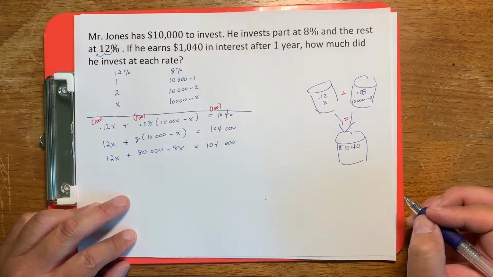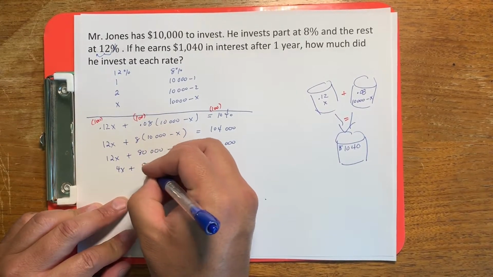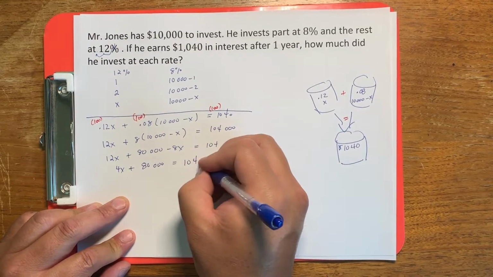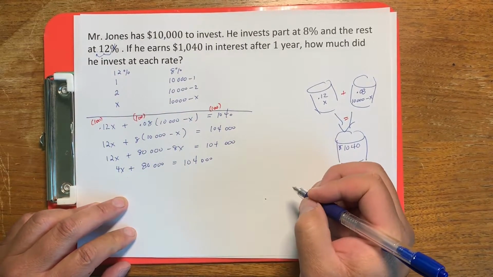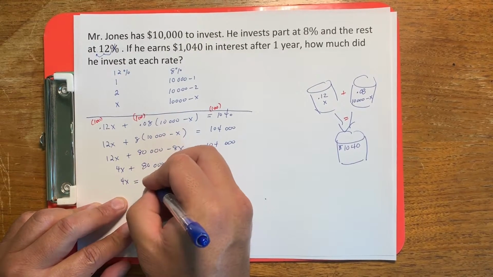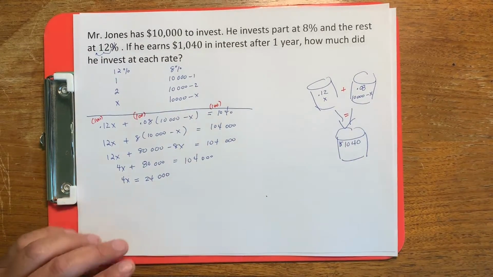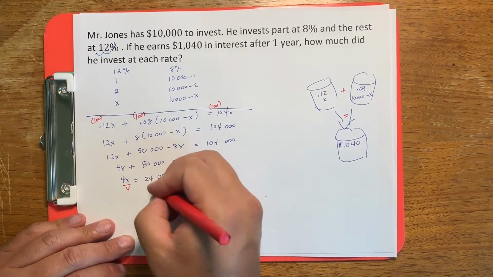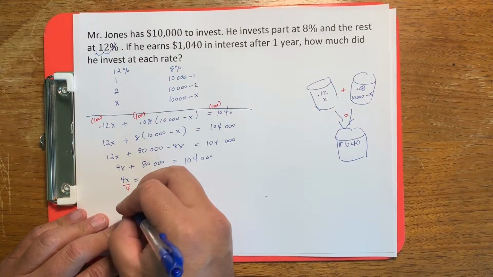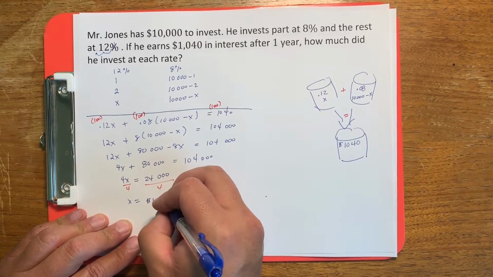Then we'll combine like terms. We'll get 4x plus 80,000 is equal to 104,000, right? And then we'll get 4x is equal to 24,000. And then we're going to divide both sides by 4. And then we get x is equal to $6,000.